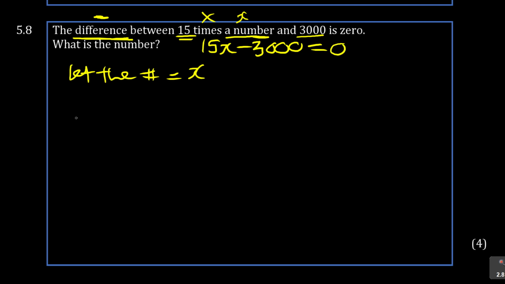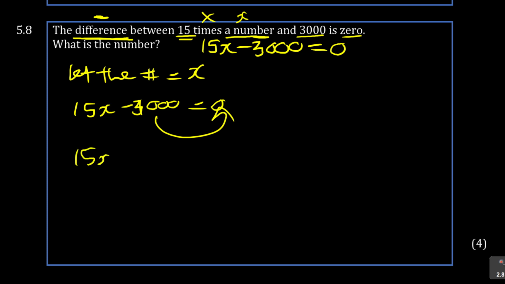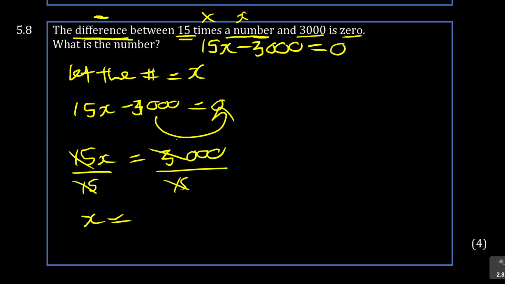So 15x minus 3000 is equal to 0. Then after that, take 3000 this side: 15x is equal to 3000. Then you divide by 15 to solve for x. I think it will give us 200. So the answer becomes 200.